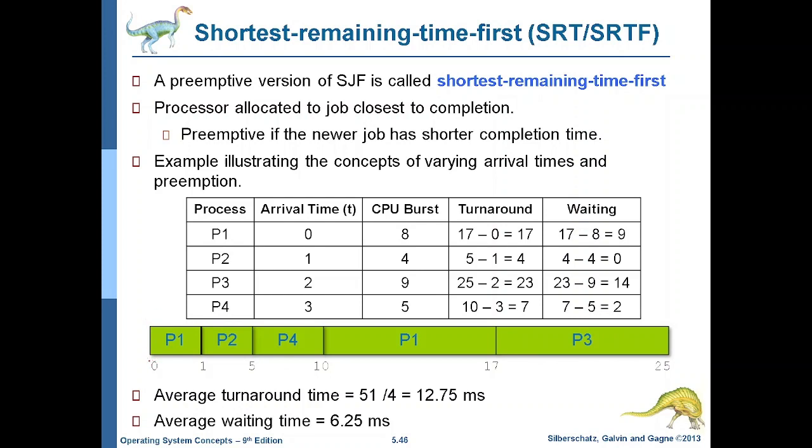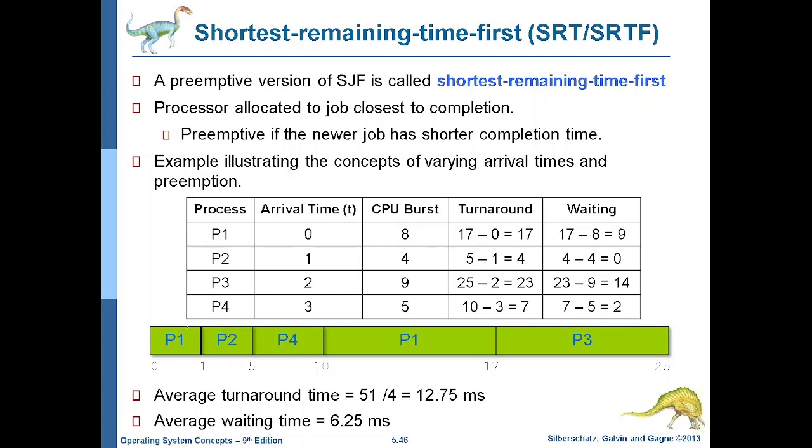So we will start from time 0. We will look at the process that is available at time 0. So from the table, we can see the AT for P1 is 0, so it is available at time 0. Because only process 1 is available, we are not going to look at the other processes.